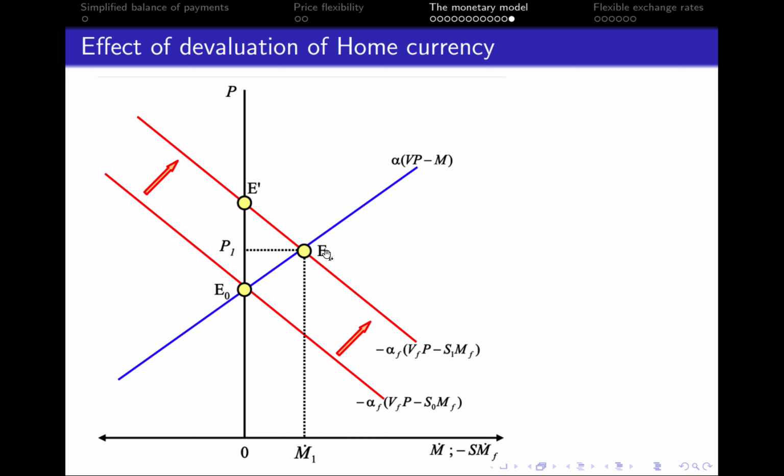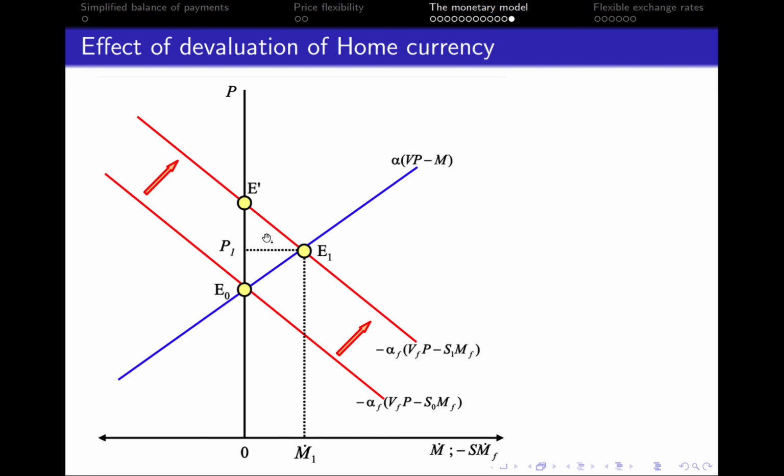And at E1, we've got price level P1. But this price level is somewhere in between E0 and E prime. What would this E prime be? E prime would be the price level that we would have if devaluation would be completely absorbed by the changes in price level, right?